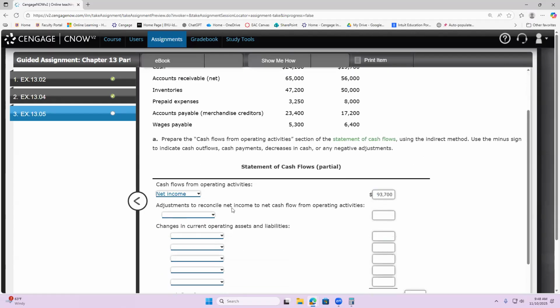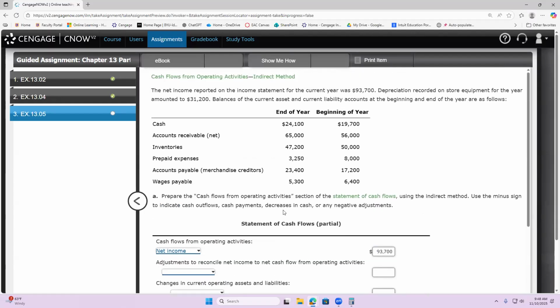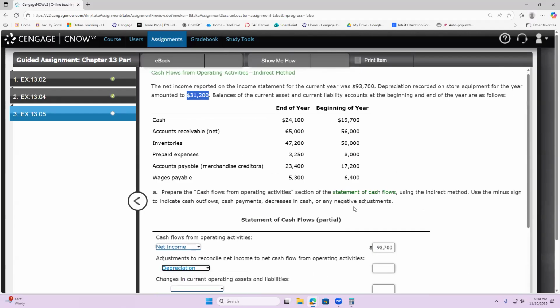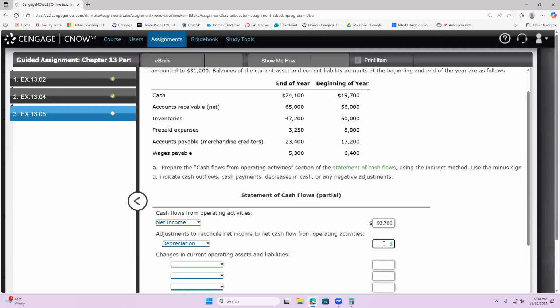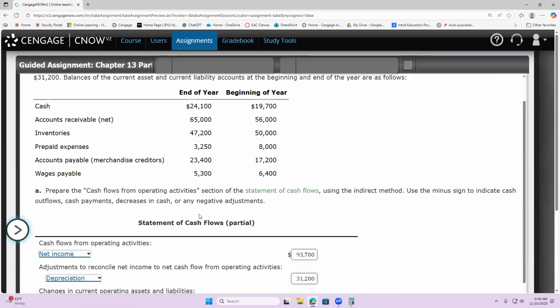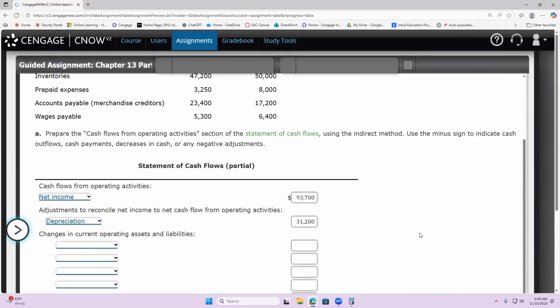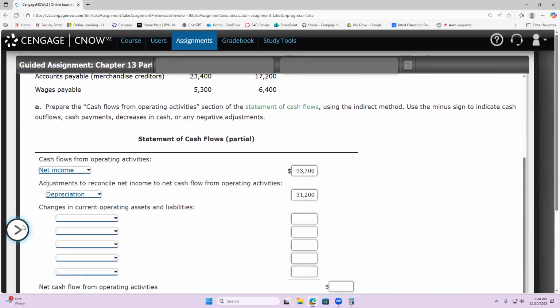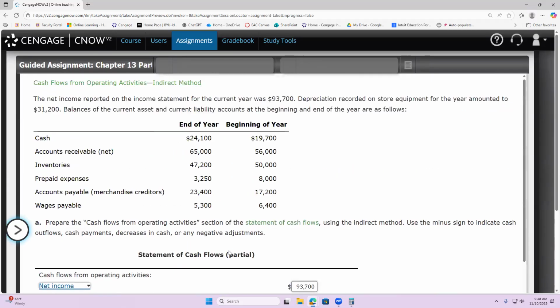And now we're going to do the adjustments. And the first adjustment we're going to do is the depreciation expense. We're going to add that back in because it's a non-cash expense. So depreciation, and that's 31,200. Does that help? Okay. Then we make these adjustments for the changes in our current assets and liabilities.